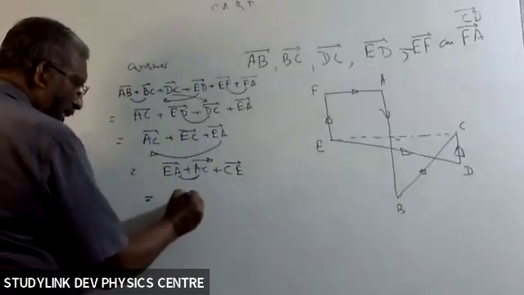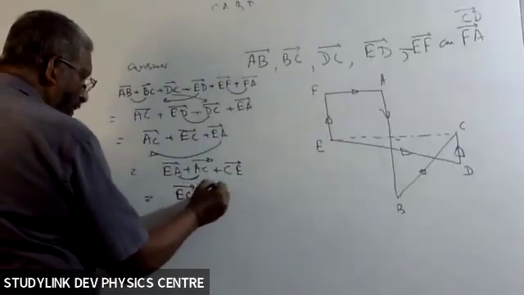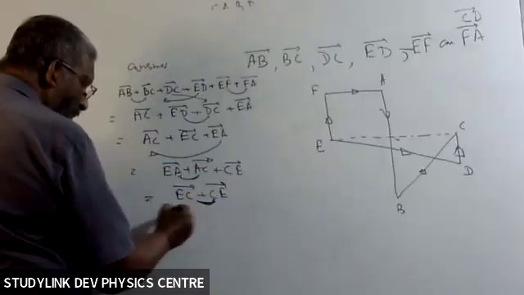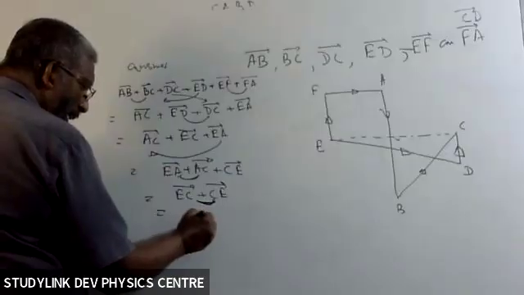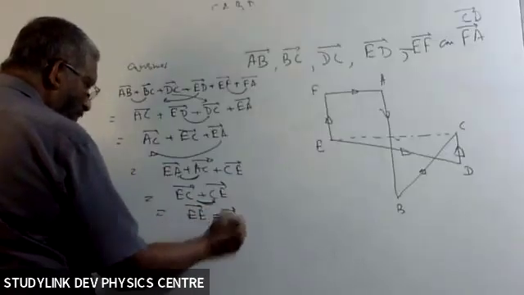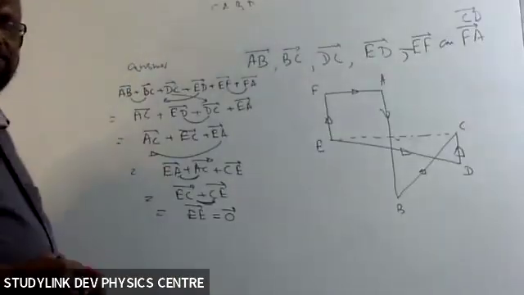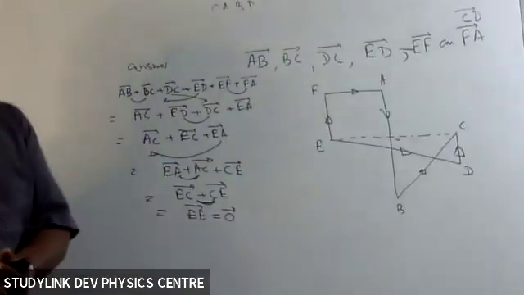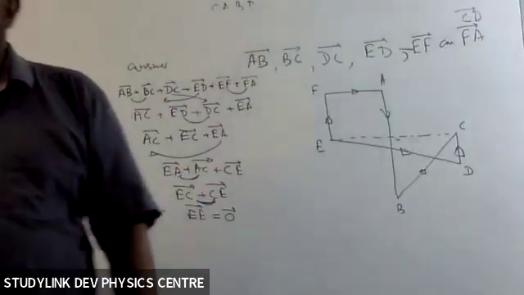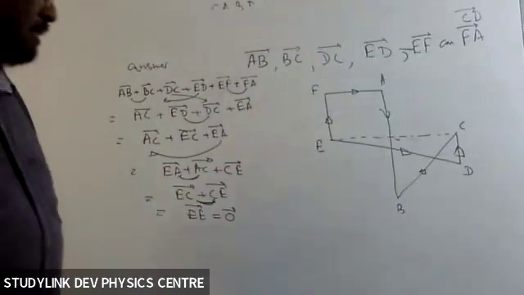Then the answer is EC plus CE. These two are the same. Then you get EE, the same letter. Answer is 0, a null vector. If you can't understand, drop me a message.